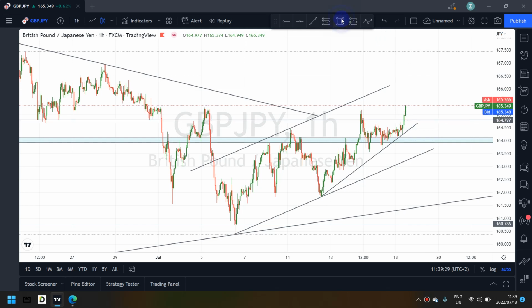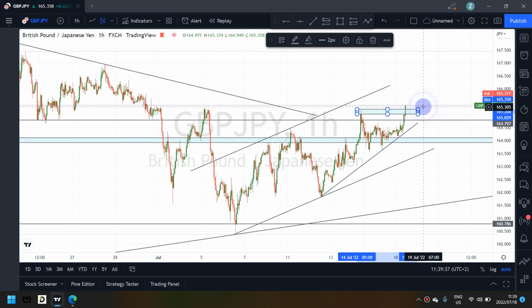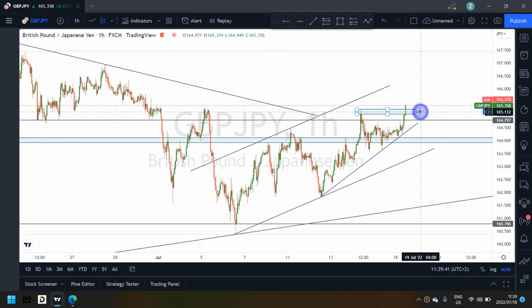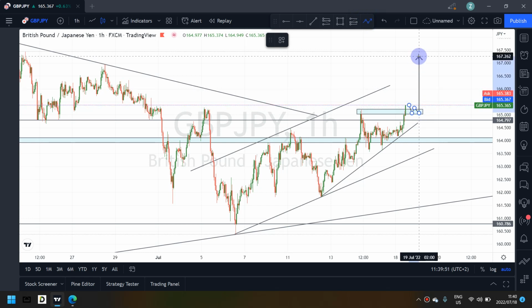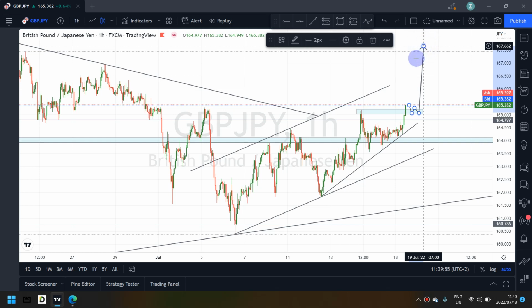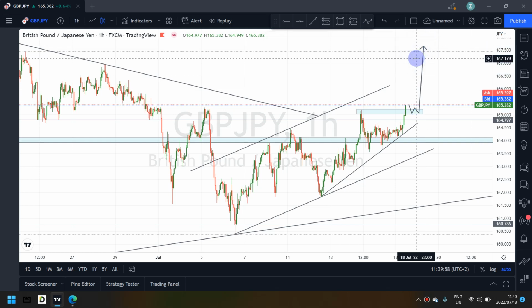And another thing that I'm seeing is that I have this as my zone right there. I have this as my zone right here. So basically now, to cater for setups, trading setups would be the market retesting this zone, seeing a bit of bearish candlesticks before the market actually buys.